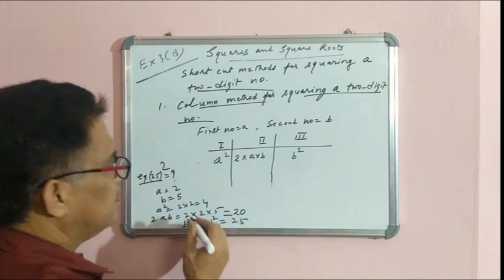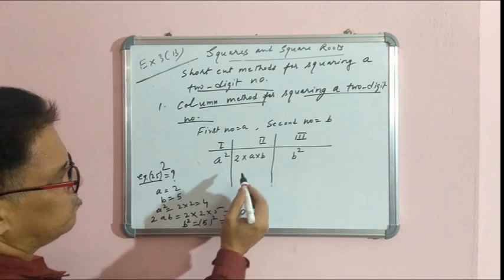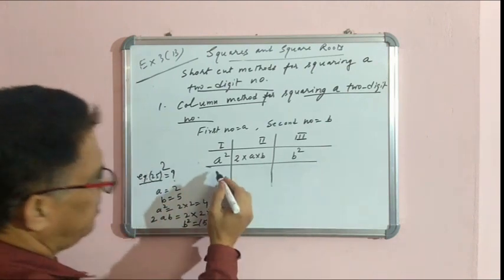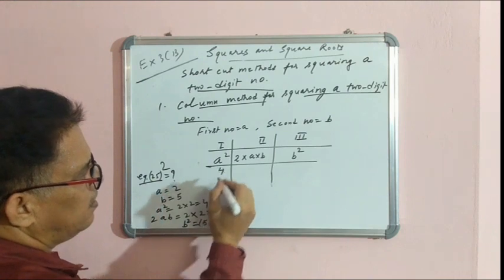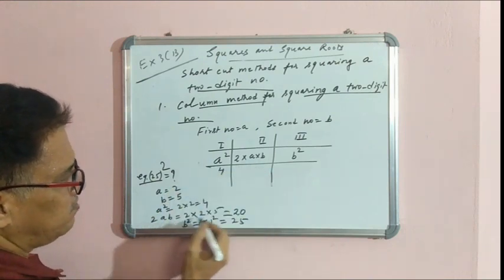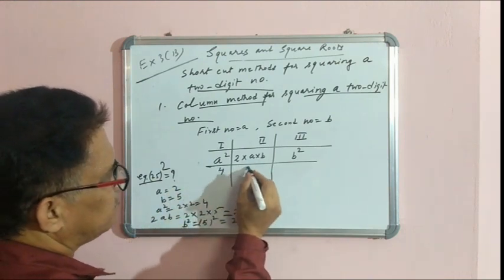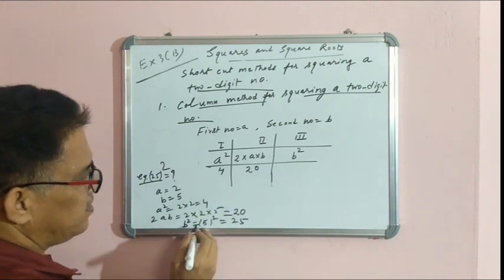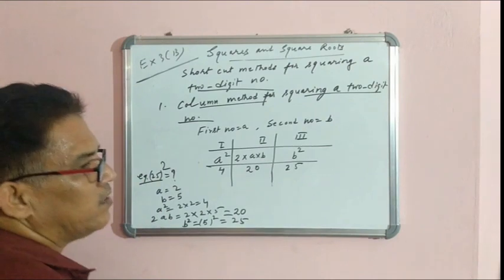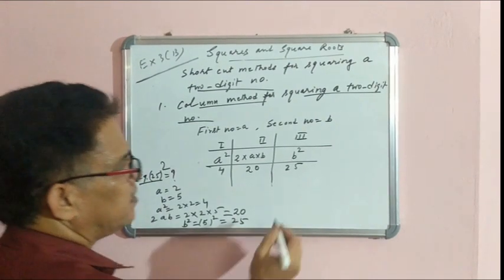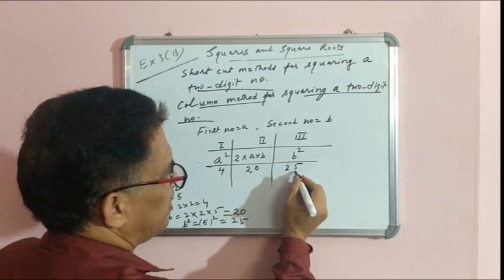So we will write here A square, that is 4, and 2AB is 20, and B square, that is 25. So what we have to do here: 5 is there.